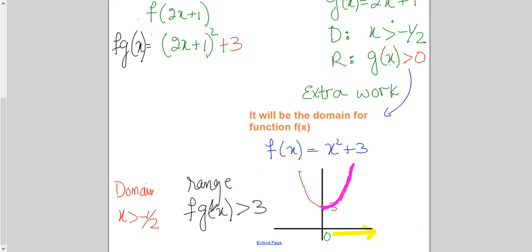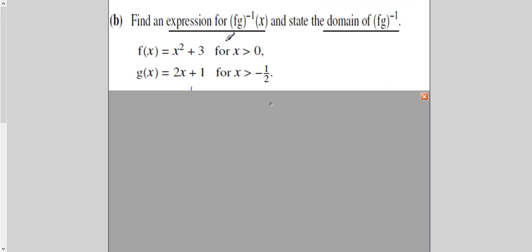Now the next part of the question asks to find the expression for the inverse function of fg, and to find the domain of (fg) inverse. We know from inverse functions that the range of function fg will be the domain of (fg) inverse.